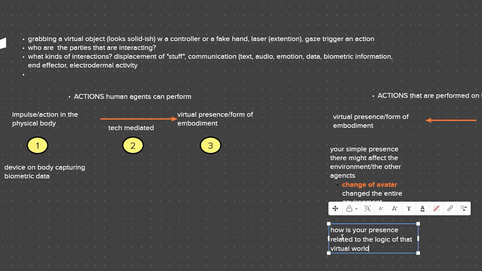Yes. Okay. So there's a connection between your presence and the world, but the logic of that connection is something to be defined per world. I guess that's what I'm getting at. I'm trying to put my finger on what's the structure of this relationship between your presence and the world that's perhaps different than in physical reality.